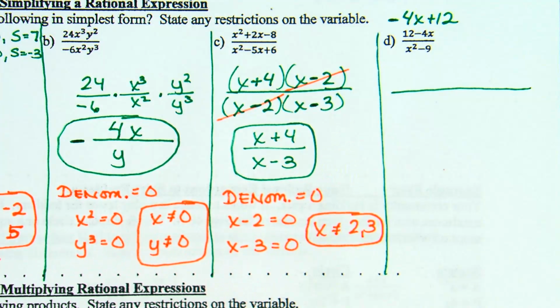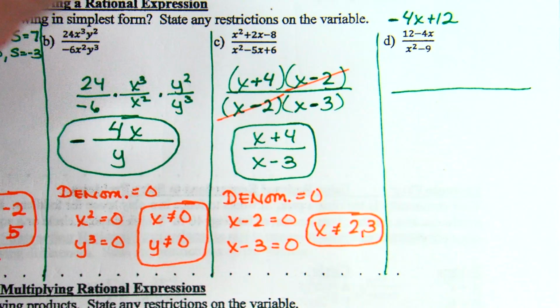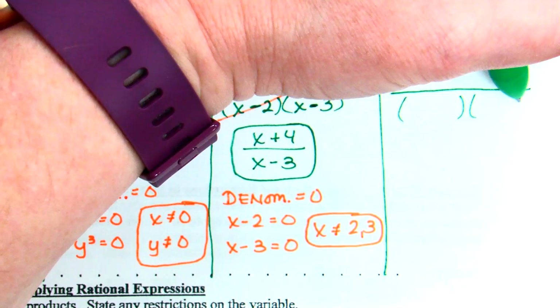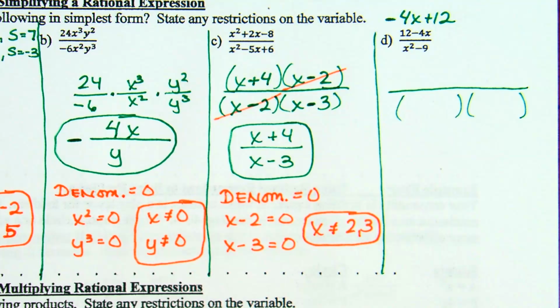What do you see, Cyrus? Okay, x squared minus 9. That factors. Do you remember how? How does x squared minus 9 factor? Do you remember two parentheses?